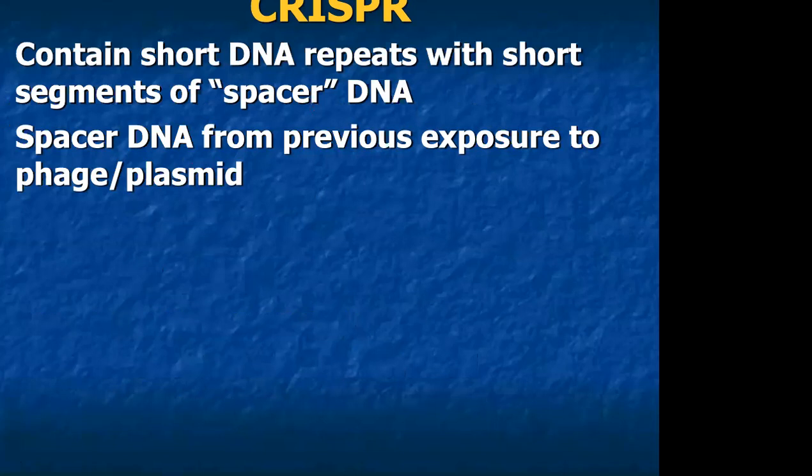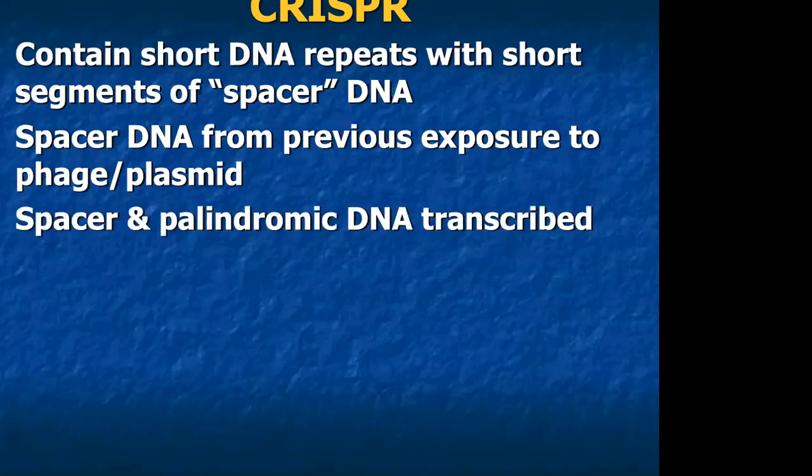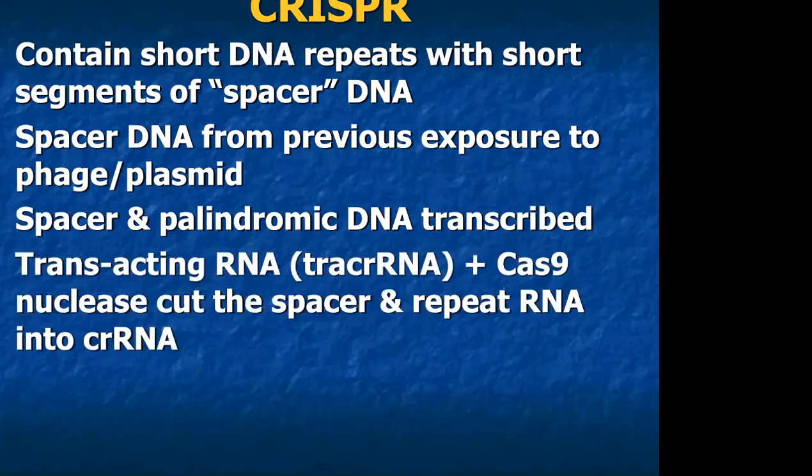So things that had infected the bacteria before, if they survive, the bacteria actually take parts of the genome of the bacteriophage or the plasmid and insert it into this system, where there are unique sequences from the invading pathogen interspersed with these repetitive elements. Spacer, as well as the palindromic DNA, gets transcribed upon infection. There's a trans-acting RNA, tracrRNA.